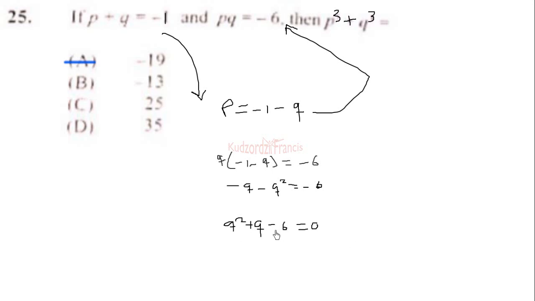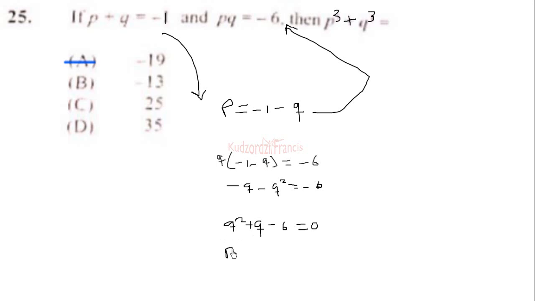So we have this quadratic trinomial. To factor this, we look for 2 factors of -6 that will add up to 1, since the coefficient of Q here is 1. The 2 factors of -6 that will add up to 1 are 3 and -2.